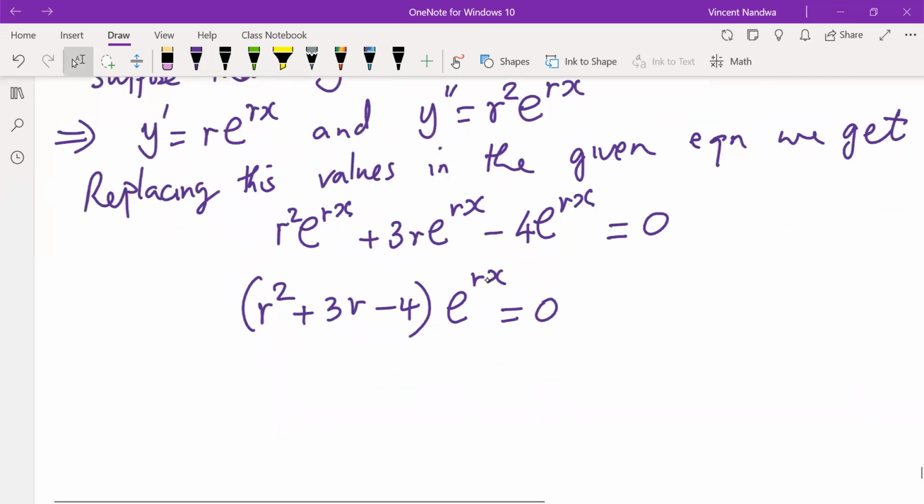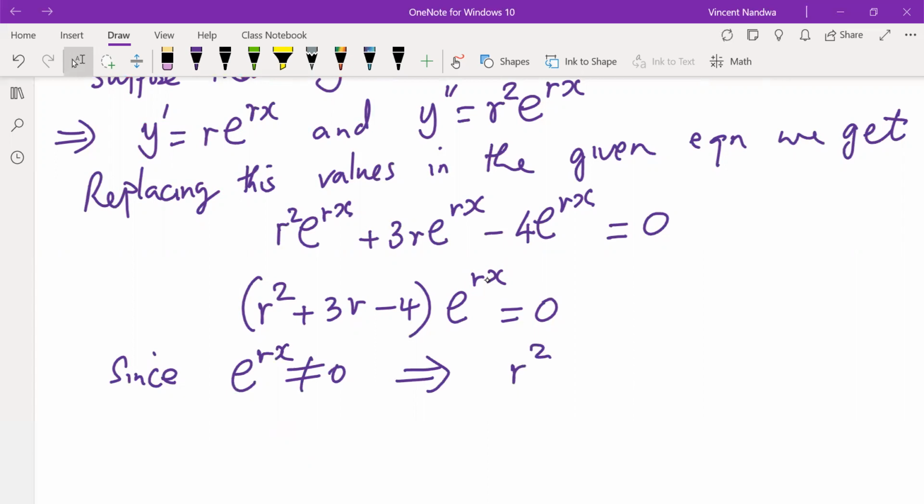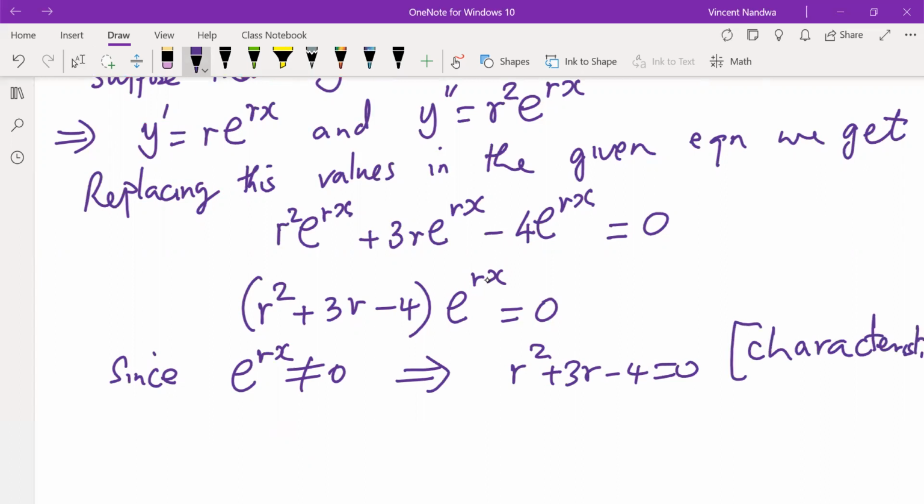Now, since exponential cannot be 0, this implies that r squared plus 3r minus 4 equals 0. Actually, this is what we call the characteristic equation.